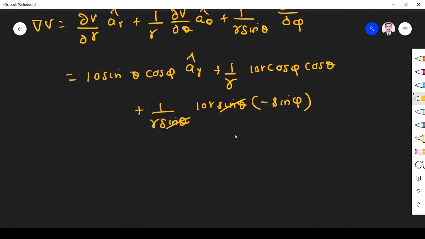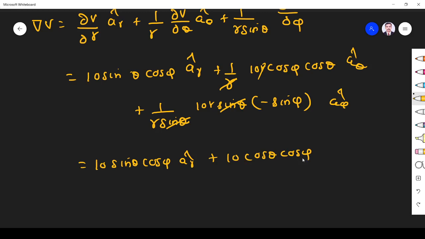So what we get is 10 sine theta cos phi a r, plus 1 by r, 10 r, so we can cancel it, so 10 cos theta cos phi a theta, plus 10 minus sine phi, so it is minus 10 sine phi a phi. Again it is a vector quantity, right?